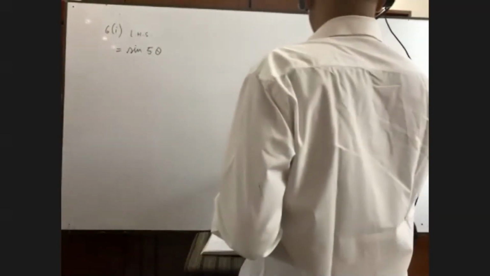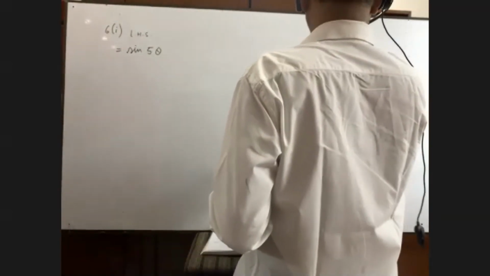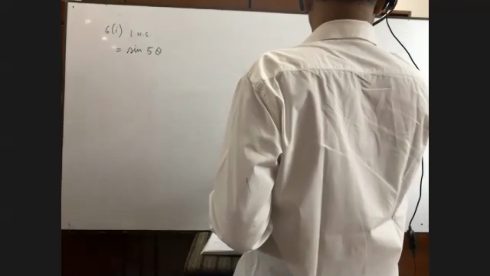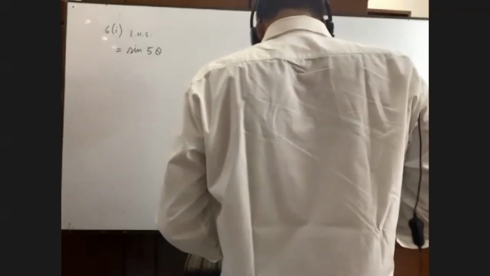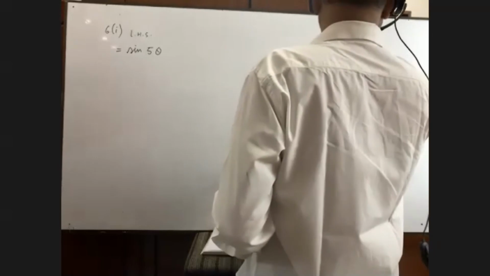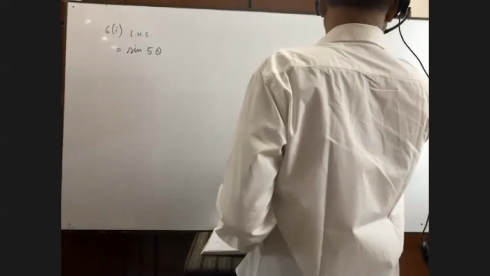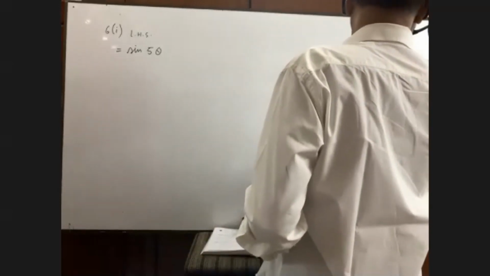I am going to write down 16 sine 5 theta, right hand side. 16 sine 5 theta minus 20 sine cube theta, then plus 5 sine theta. This is the right hand side.